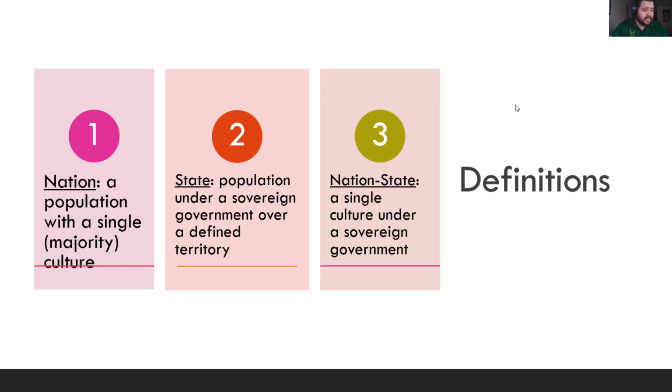Now, nations and states, there are 3 definitions you really need to know. A nation itself, again, is a population with a single culture. So the nation of Islam, the nation of Hispanic speakers, the nation of French Canadian speakers. Right? These are all people who have generally some sort of common thread in their ancestry or in their histories.